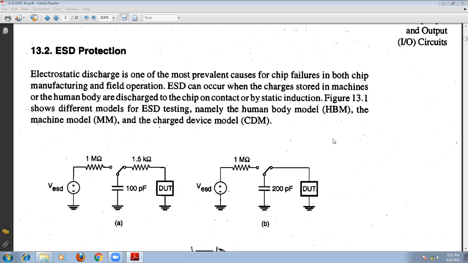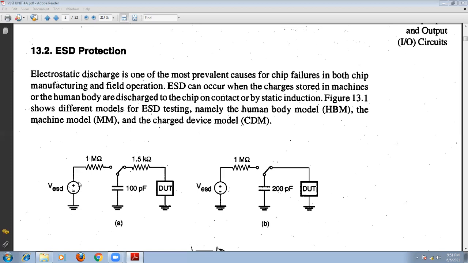Remember that point. In the human body model, the human can be modeled as a 100 picofarad capacitor and a 1.5 kilo ohm resistor. During testing, the capacitor will be fully charged to several kilovolts.